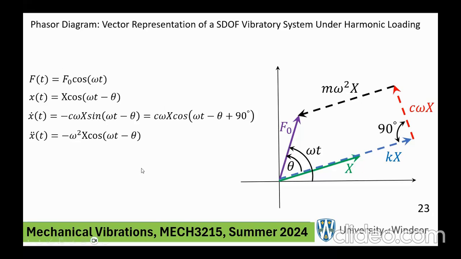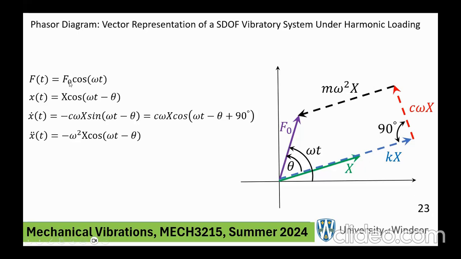So here's the situation. The applied force is harmonic, F of t equal to F naught cosine of omega t. We can think about this as a vector which changes with time in this two-dimensional diagram.